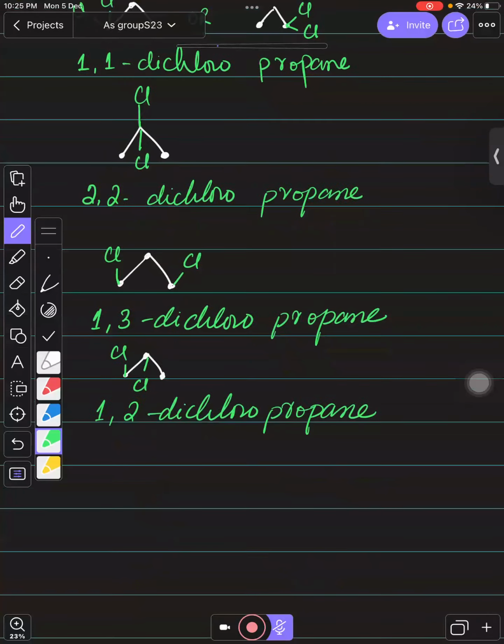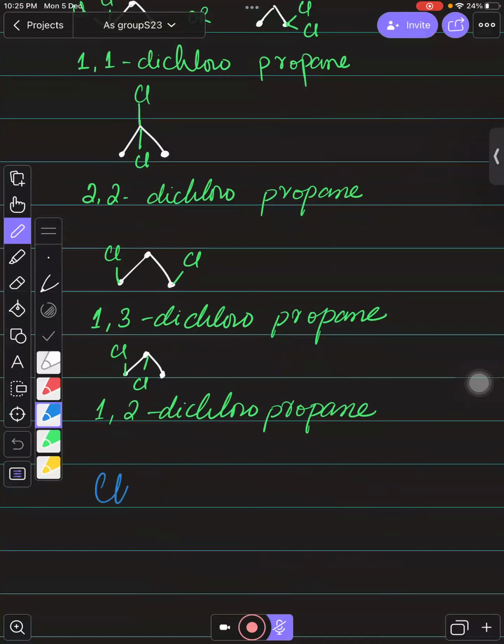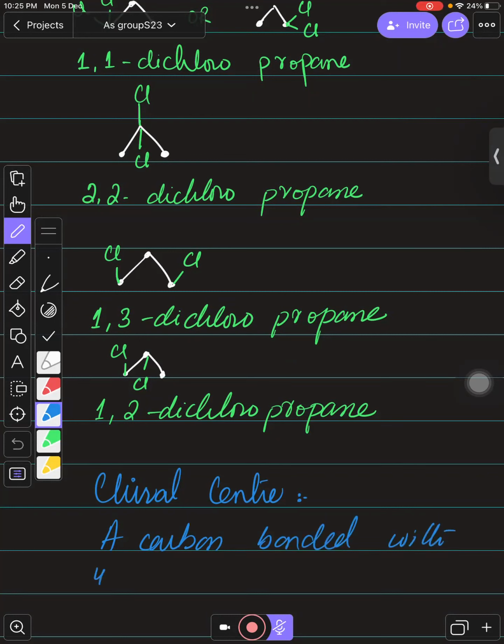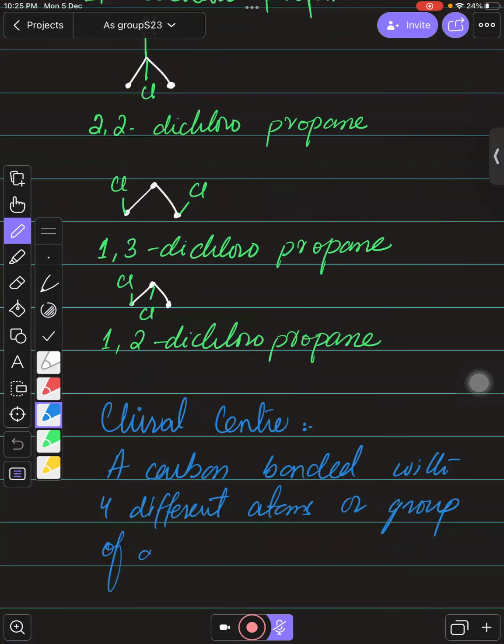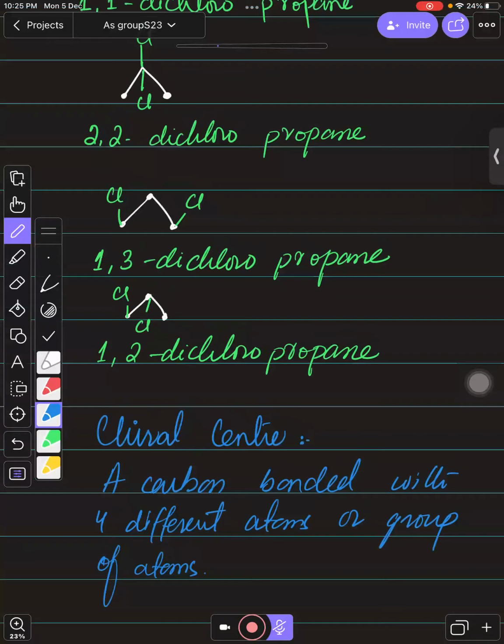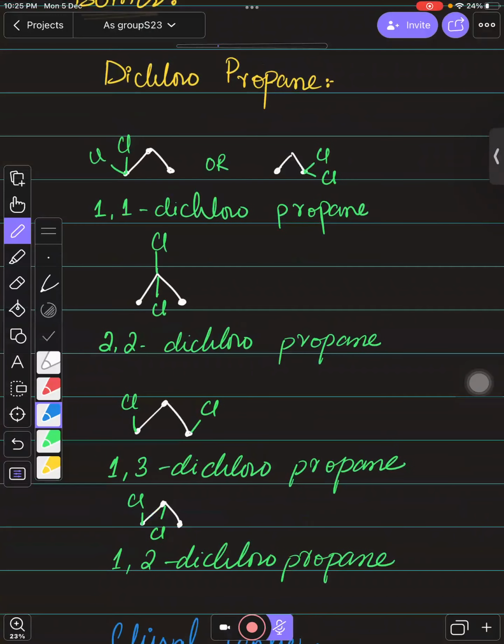A chiral center is a carbon bonded with 4 different atoms or groups of atoms. So in all the structures, any carbon that is a chiral center can show optical isomers.